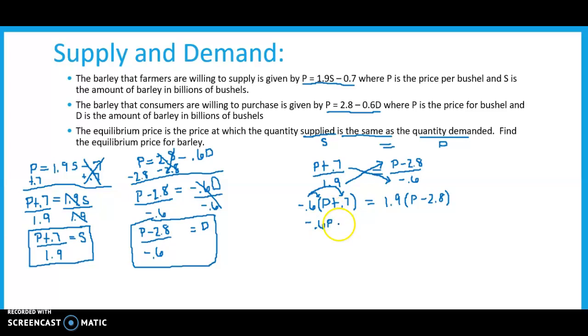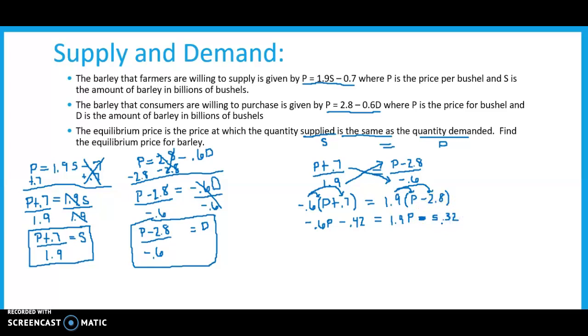Negative times a positive does equal a negative, so minus, and with the help of a calculator, 0.42. And then I have my equals. Again, I have to do the distributive property, so I have 1.9p minus, because positive and negative will make a negative value, and again with the help of a calculator, 5.32.